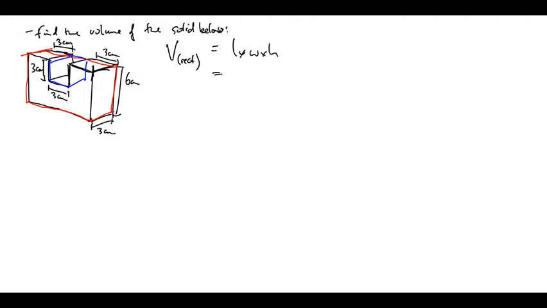The length of the whole rectangular prism is 9, times the width of 3, times the height of 6. 9 times 3 times 6 is 162 cubic centimeters. The volume of the cube in the middle that's missing is 3 by 3 by 3, which is 27 cubic centimeters.